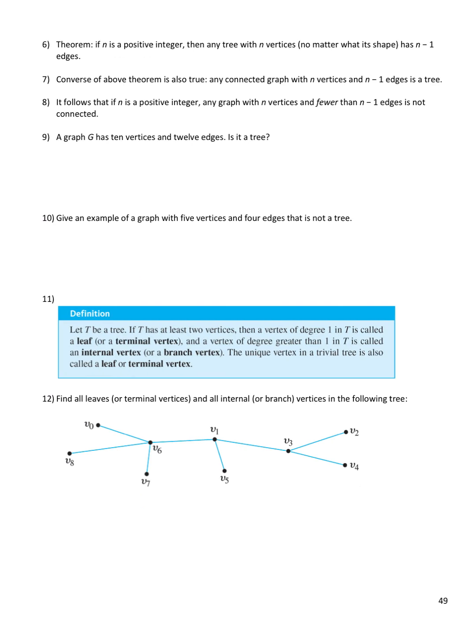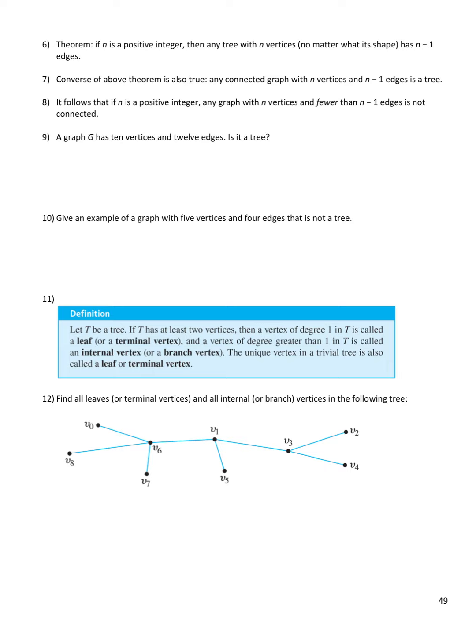So that leads us to a theorem that if n is a positive integer, then any tree with n vertices, no matter what its shape, has n minus 1 edges. And the converse is also true, though we have to add in the word connected. Any connected graph with n vertices and n minus 1 edges must be a tree. And it follows that if n is a positive integer, any graph with n vertices and fewer than n minus 1 edges is not connected.